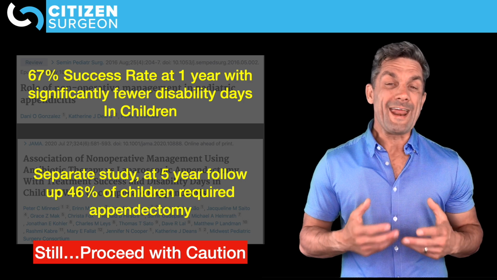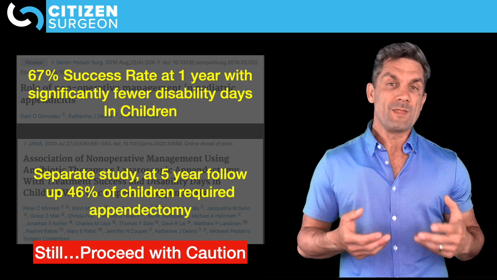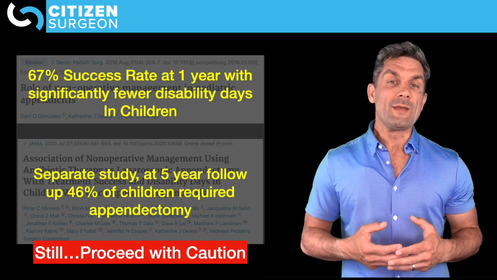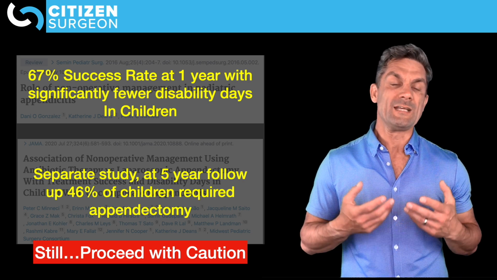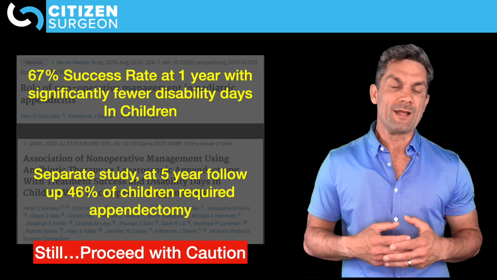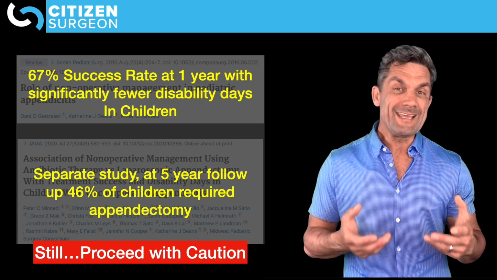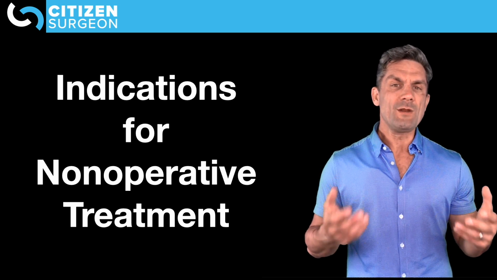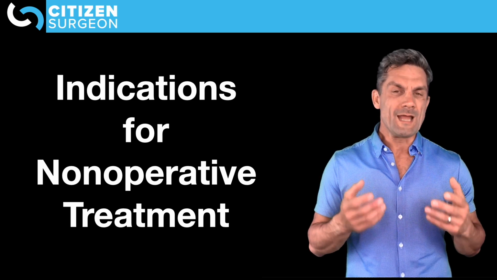Now, when we take that out to 5 years, almost 50% of children ended up needing an appendectomy. So non-operative treatment is safe, but you need to proceed with some caution. And I certainly educate parents, but there is a chance that your child might develop recurrent appendicitis and need their appendix taken out.